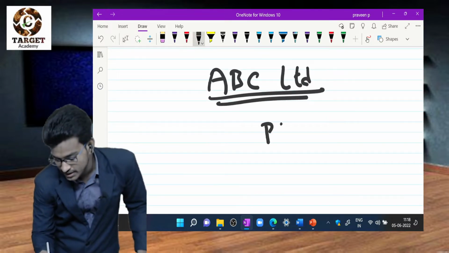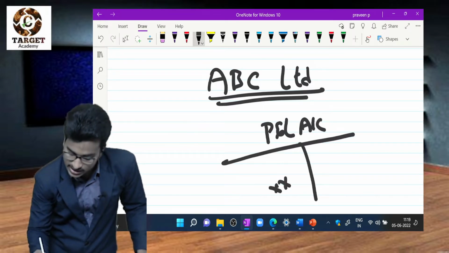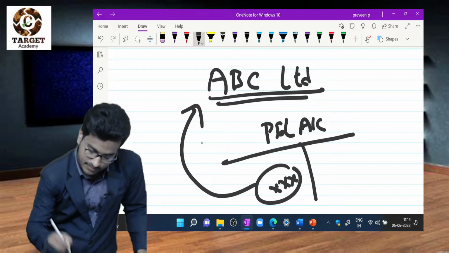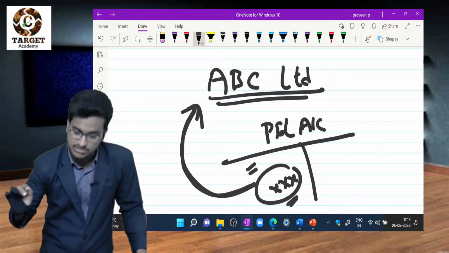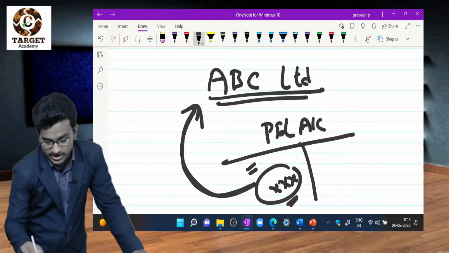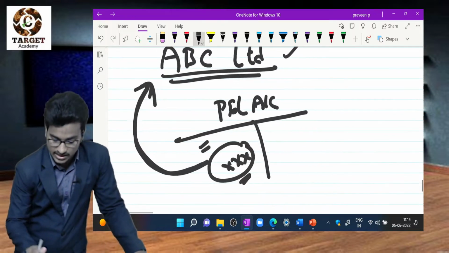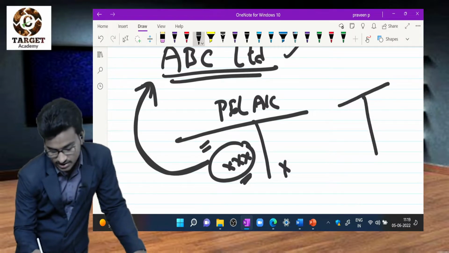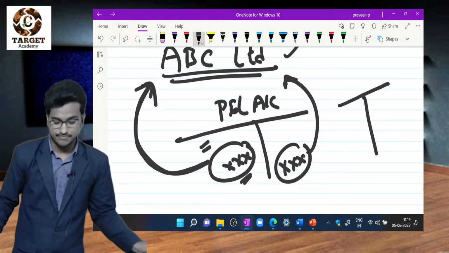Then we simply refer to the P&L account of ABC Limited, and we can tell the profit or loss. If it is a loss, then it is on the credit side; this is the loss for the company.